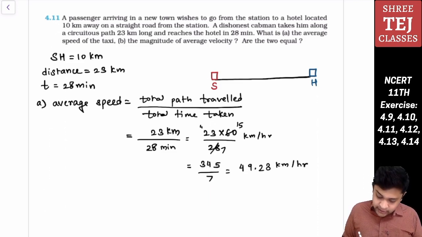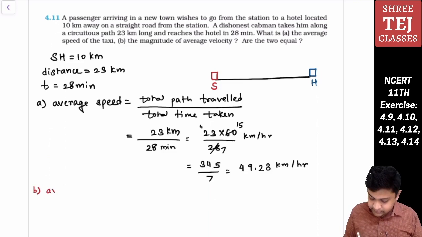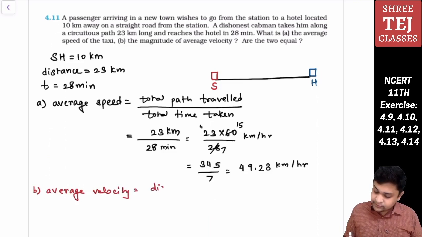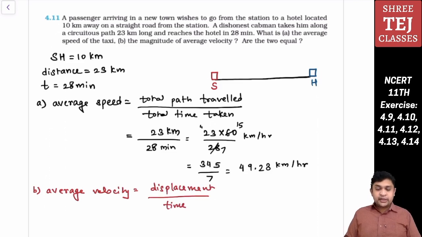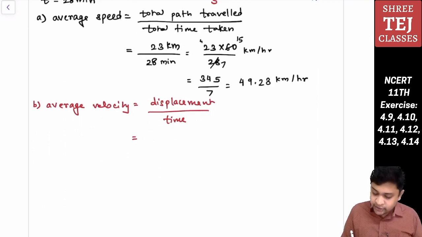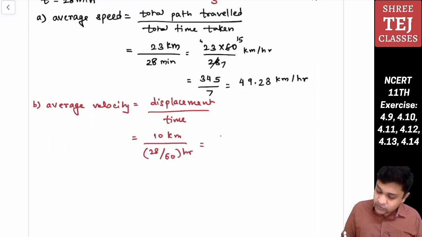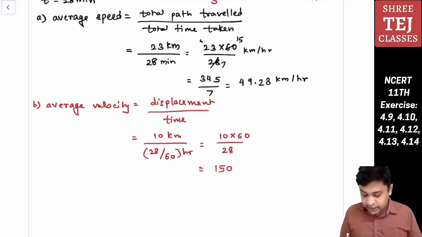What about average velocity? Average velocity is displacement divided by time. So displacement would be the straight distance between hotel and the station, which is 10 kilometers, divided by time taken, that is 28 by 60 hour. So this will be 10 into 60 upon 28, so 150 divided by 7.